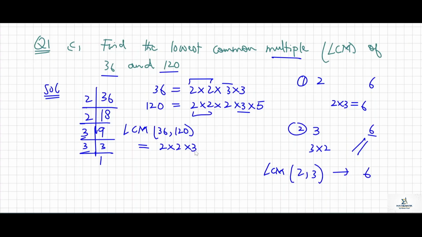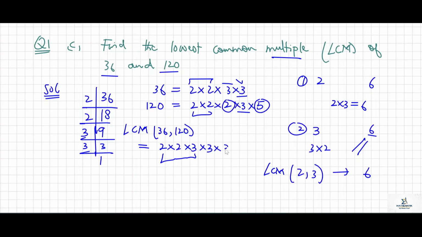Next, these three numbers are appearing in both. Now the number which appears only in 36 is 3, so you can write 3. I'm just ticking it. Now next, the numbers which appear in 120 are 2 and 5.